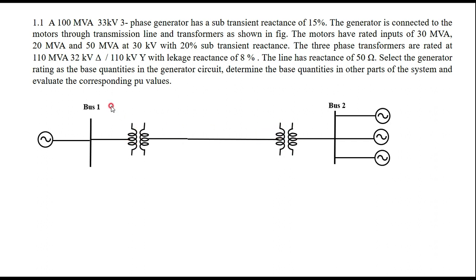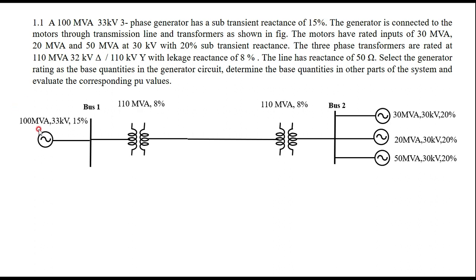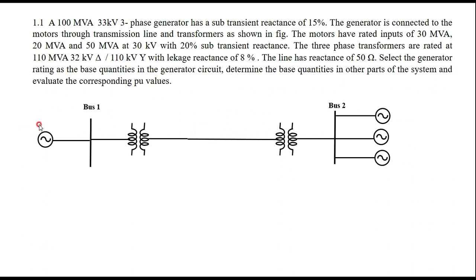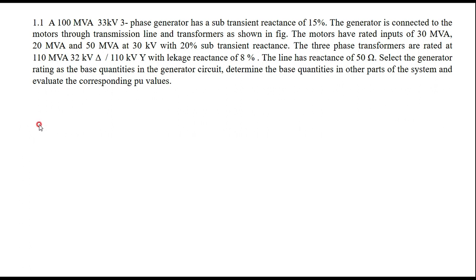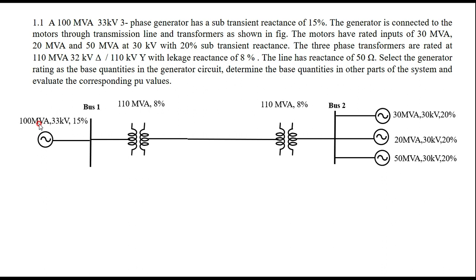Okay, the first step in solving the numerical is that you have to specify the rating of each and every component in the power system. The generator has 100 MVA, 33 kilovolts with 15%, and that you have to specify. In all the equipment, the specifications are given here.